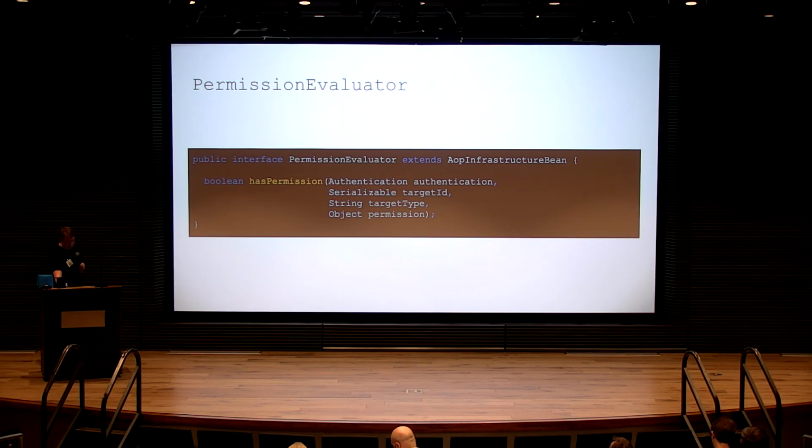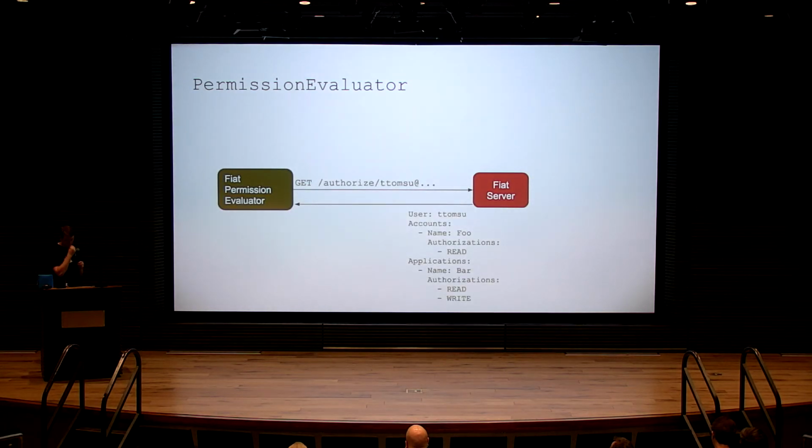All right, and so this is just the interface for that permission evaluator. We have a custom implementation of this, and everything's open source. You can go look through it. So what is that implementation actually doing?